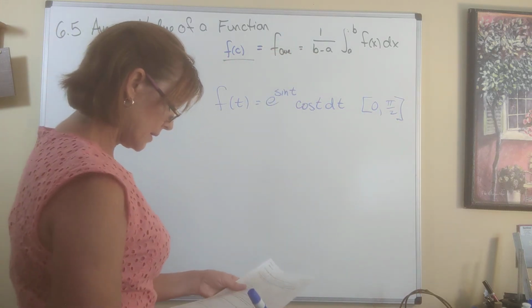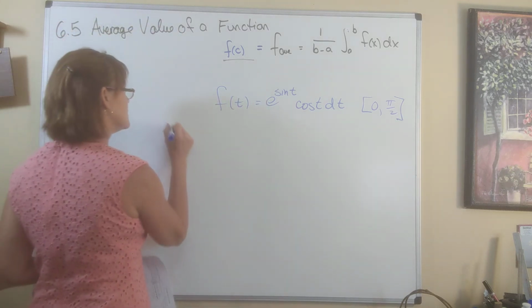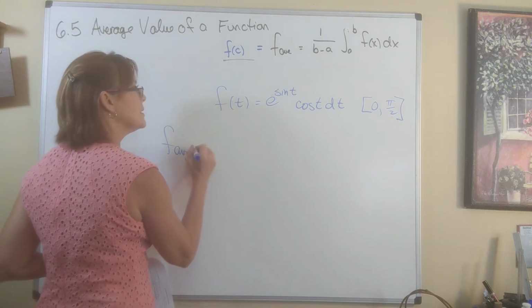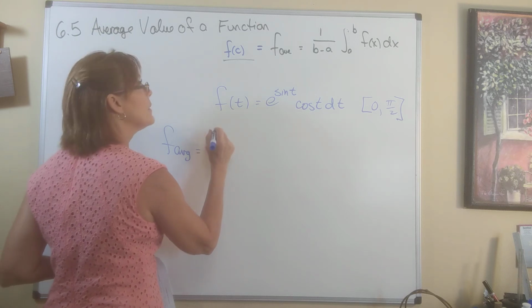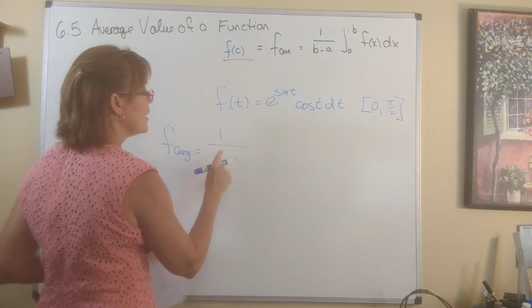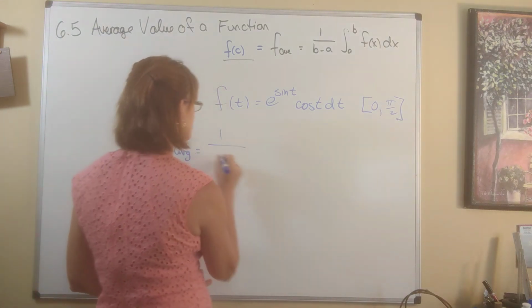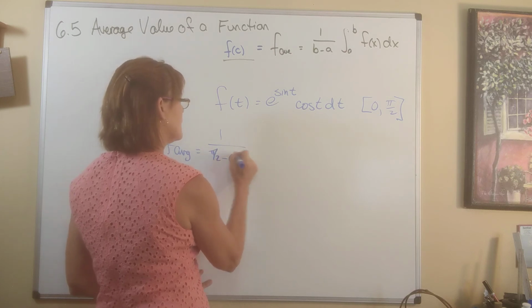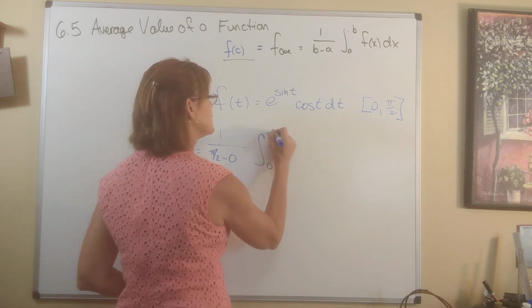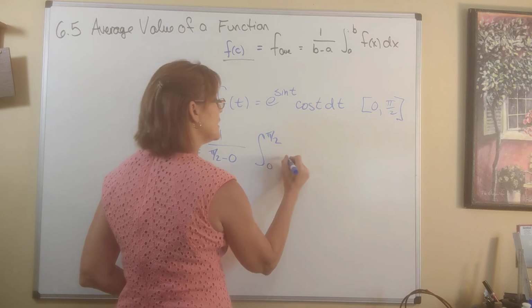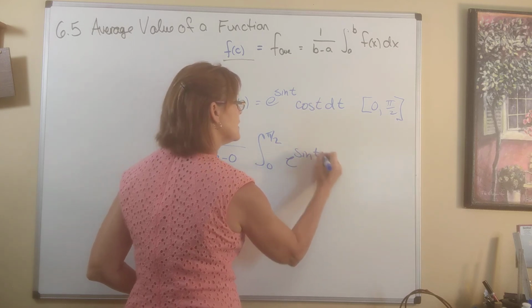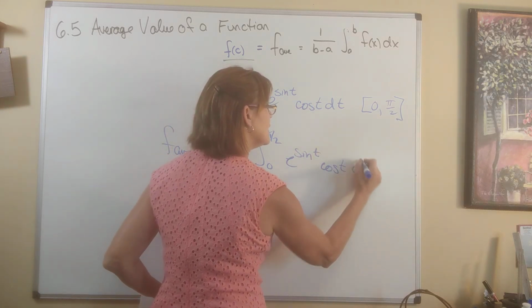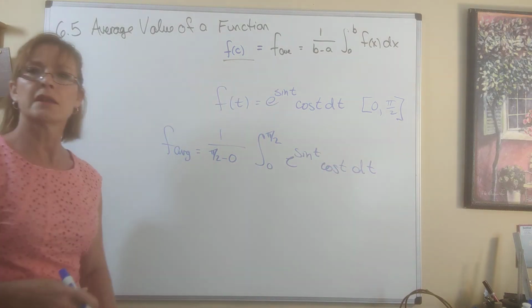Is that right? That's right. Okay, so the F average is equal to 1 over b minus a. So, b minus a is pi over 2 minus 0 times the integral from 0 to pi over 2 of e to the sine t cosine of t dt. This is it. We just got to do this integral.